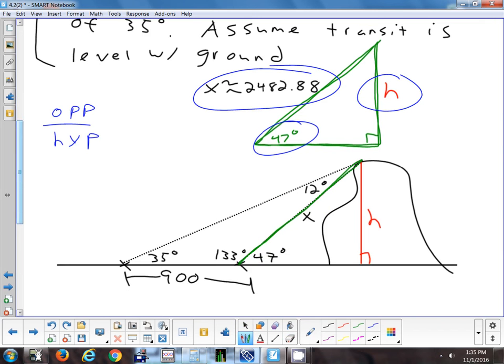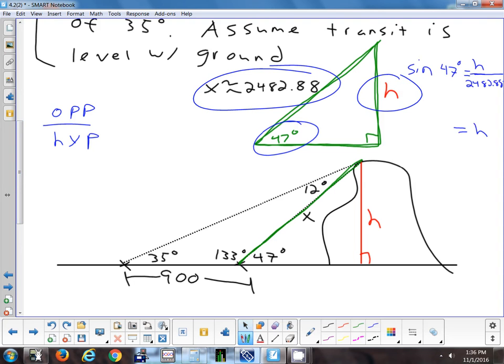Sine. It's just a coincidence that we're doing law of sines and you're also using sine. It could have been cosine or tangent. Now I'm going to set up my formula and I'll put it right next to my diagram. Sine 47 equals, what side is opposite? H. And what's the hypotenuse? 2,482.88.